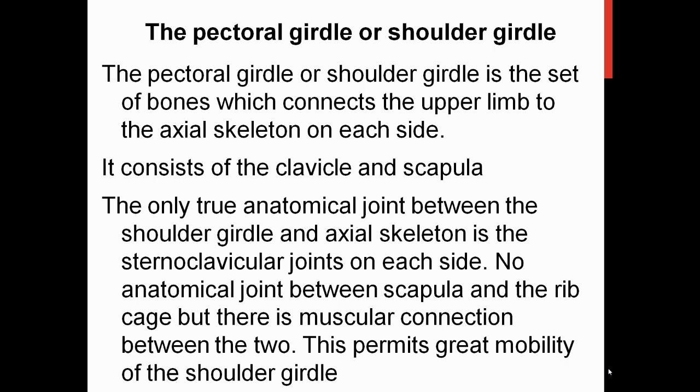So it is important that the connection between the two skeletons, upper limb and the axial skeleton, is only the sternoclavicular joint. It is a very small joint and the main part is played by all the muscular system that is around the scapula and the back region.